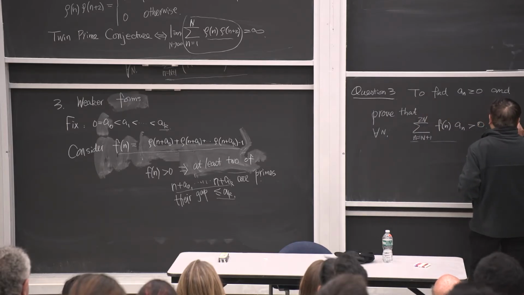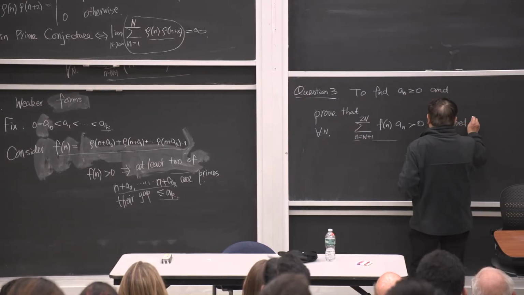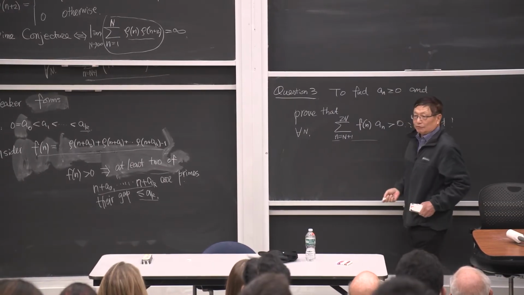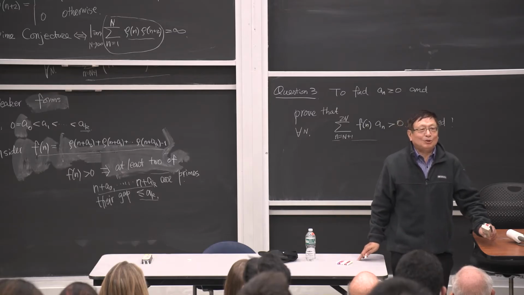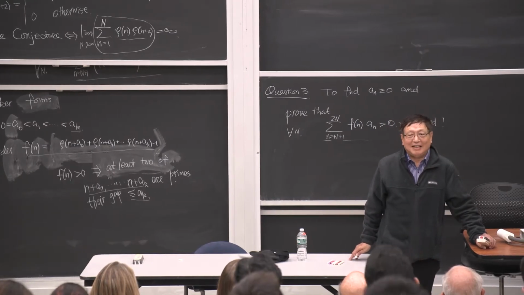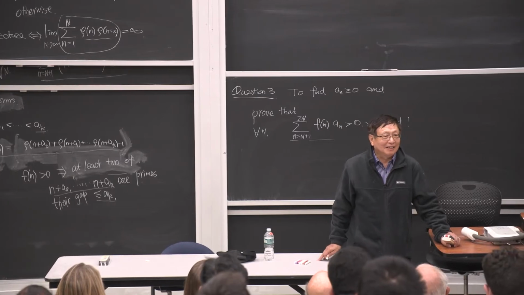This is proof. First, I proved it. Now the next, how to choose the coefficients a sub n.